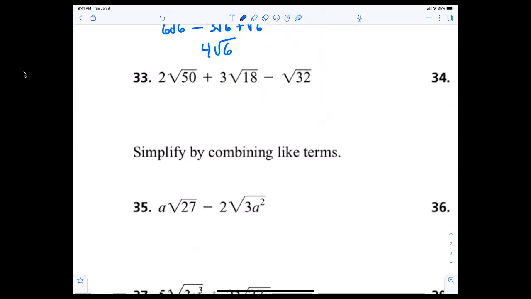Emiliana, 33. So 52 radical. Yep. 25 times what? Good. And then.